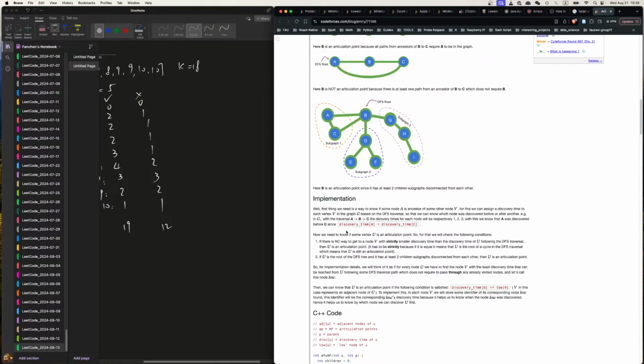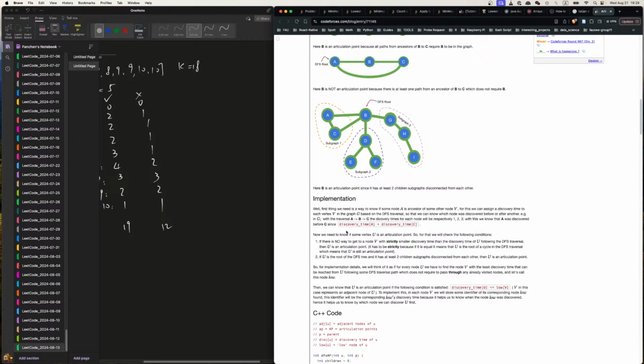Because if there exists some other node that can get to V via something smaller, that means you can get to V via a different route. No way to get to node V with strictly smaller discovery time than the discovery time of U following the DFS, then U is an articulation point.